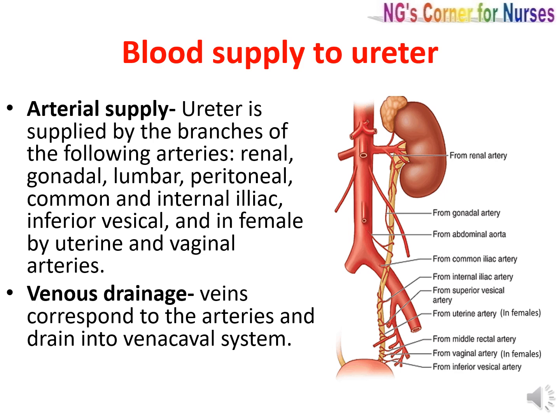Next, coming to the blood supply. First is the arterial supply. The ureter is supplied by branches of the following arteries: renal, gonadal, lumbar, peritoneal, common and internal iliac, inferior vesical, and in females by uterine and vaginal arteries.